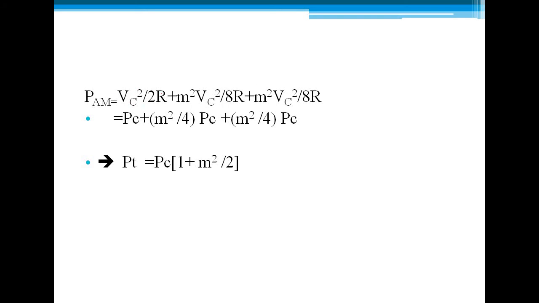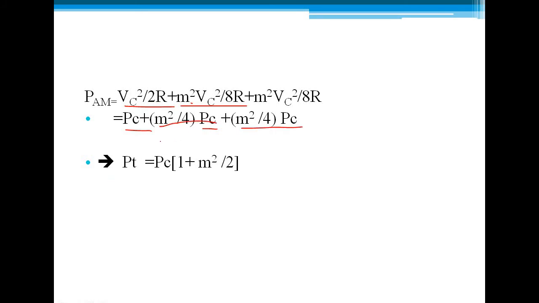Because in every formula you are having that Vc square by twice R. So this Vc square by twice R is replaced by PC. Similarly, from this section I have taken Vc square by twice R common, and that was replaced by PC. So by taking Vc square by twice R common, I am having only the m term, and here we are taking 2 common. So 8 divided by 2 is 4. So m square by 4 term is there. And similarly it is applicable to the lower sideband.